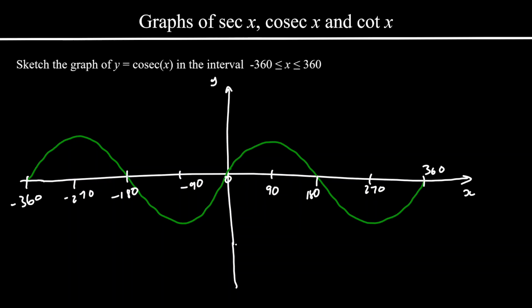So again, cosec is 1 over sine. So whenever we're at 1, 1 over 1 is 1, so it's going to be at the same place. 1 over negative 1 is negative 1. And whenever the sine graph goes through 0, 1 over 0, we can't do, we get an asymptote. So whenever the graph went through 0, we're getting the asymptotes.